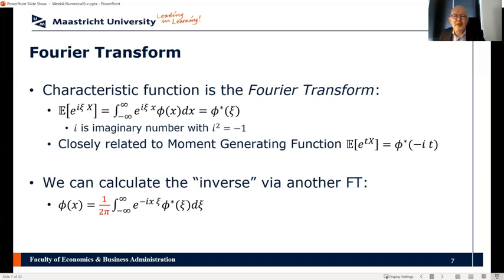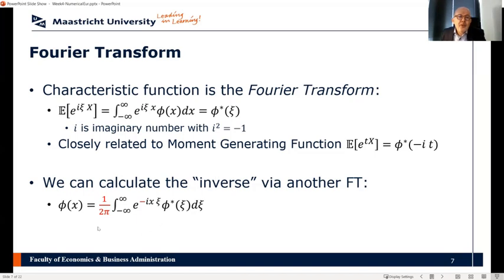Physicists like to work with something that's completely symmetrical, so you have a 1 over square root of pi here and a 1 over square root of pi over there. But statisticians typically use the convention where they have no pi factors over here, but then they have to do a 1 over 2 pi over here. And of course, you have to take care of the plus i and the minus i in going from the X space to the Fourier space and from the Fourier space back to the X space.